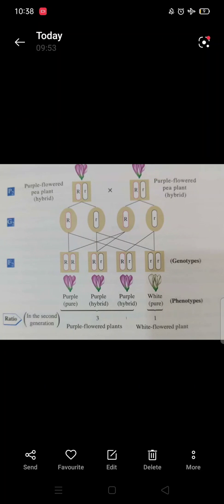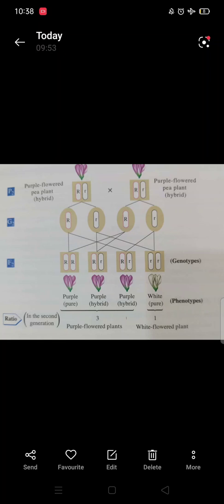Then we make another fertilization between a purple flower, but this time hybrid, and another purple flower, also hybrid. The gametes will be R capital, R small, R capital, R small. We make the crossing, and we will find that the second generation is 3 purple to 1 white. 3 dominant to 1 recessive, but do the 3 dominant have the same genotype?